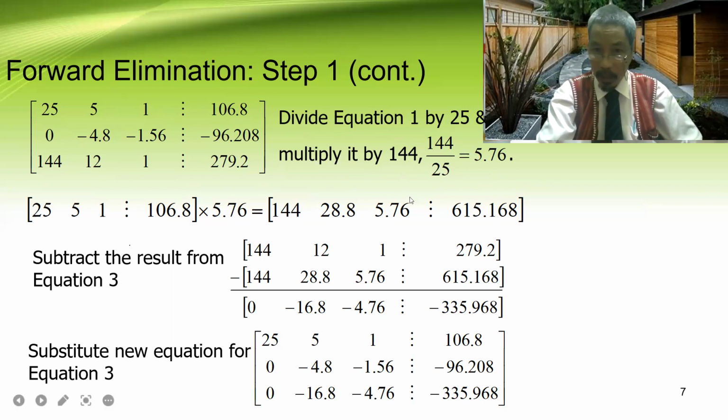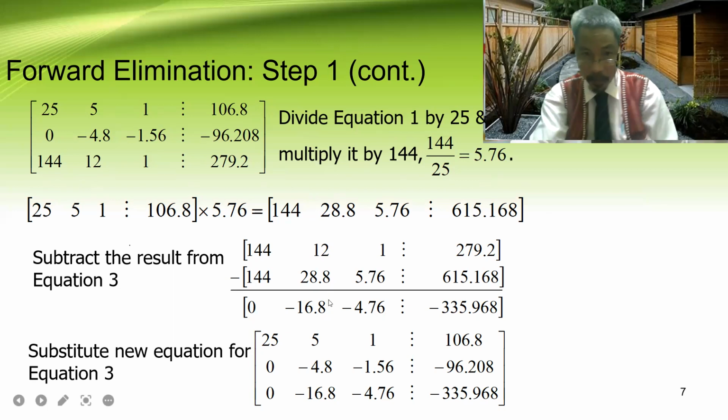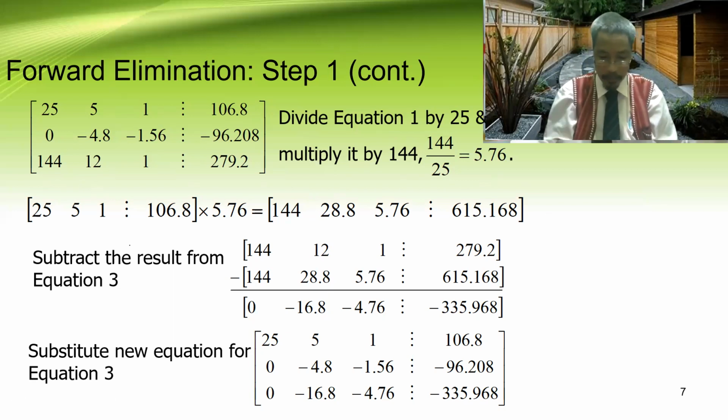So this is now our equation 1. And this should be subtracted from equation 3. So our equation 3, write it down here. This is our equation 3. Write it down here, and then subtract this one. Okay, subtract. Therefore, 144 minus 144, 0. 12 minus 28.8 is negative 16.8.